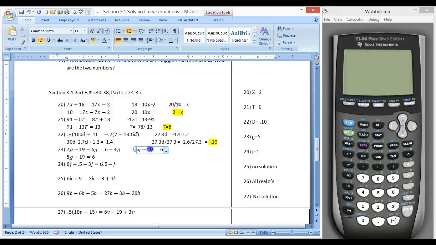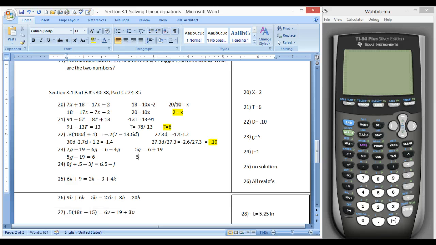So I need to get rid of this minus 19. The opposite of minus is add. So if I were to add 19 to that side, it would cancel. So I need to add 19 to this side. So now I have 5g equals 6 plus 19 gives me 25.